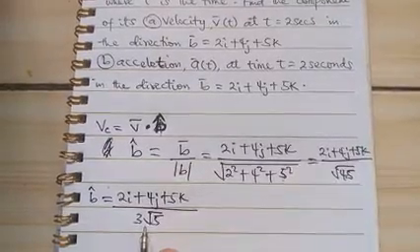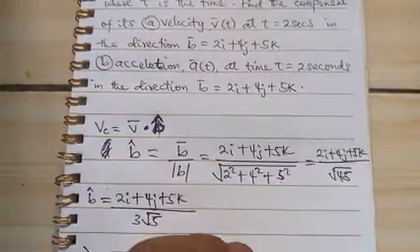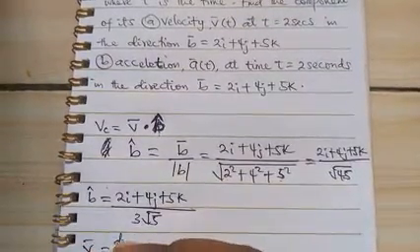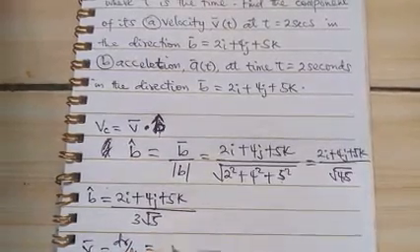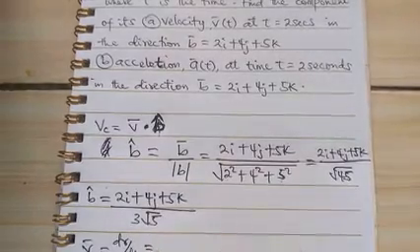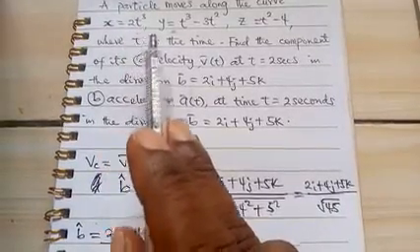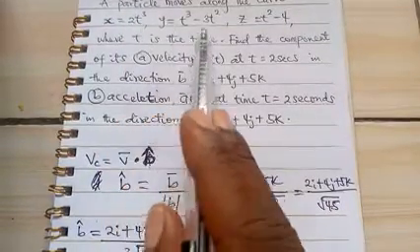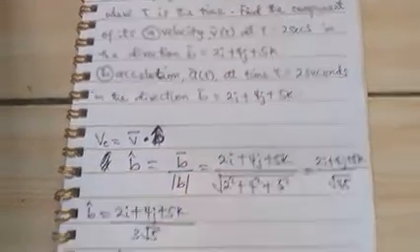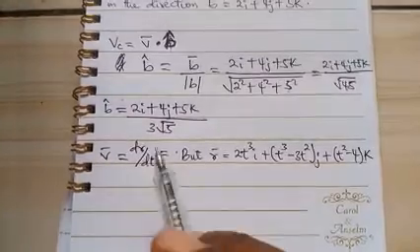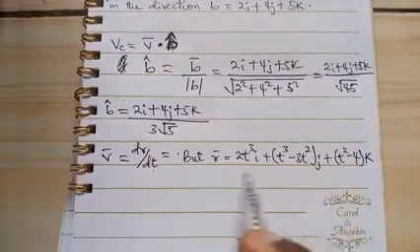Now since we've gotten this, we need to find velocity. Remember, velocity is obtained by differentiating the displacement with respect to time, and r is given in the question with i, j, and k. So let's rewrite r and differentiate it with respect to t.